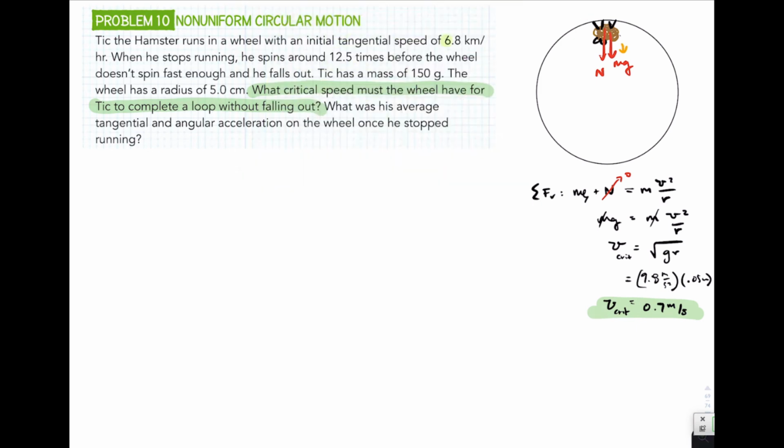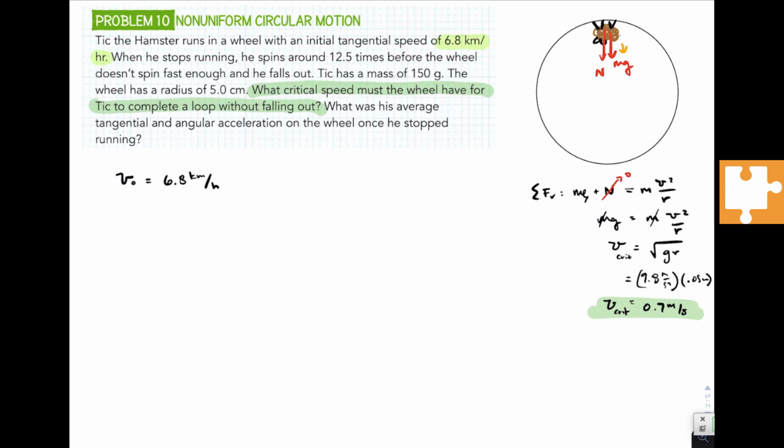We have this speed, right? So what's this speed? Is it initial or final? Initial, right? So we have an initial speed of 6.8 kilometers per hour. What do you think we have to do with this? Convert it to what?